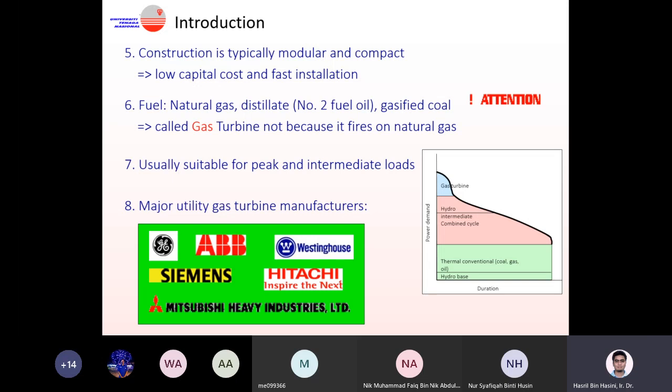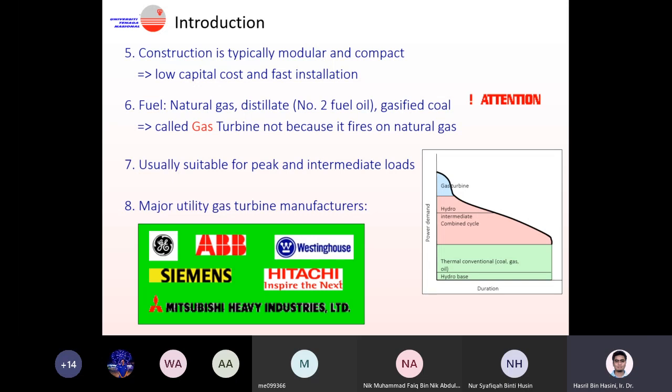Okay, so we have talked about the fuel, and then in terms of the loading, this is also important. In terms of the loading, if you can still recall, we usually use the gas turbine mainly for peak load, or in some cases for intermediate load.